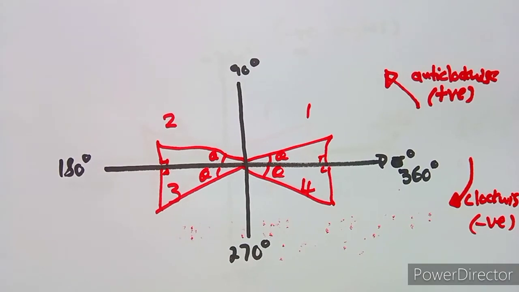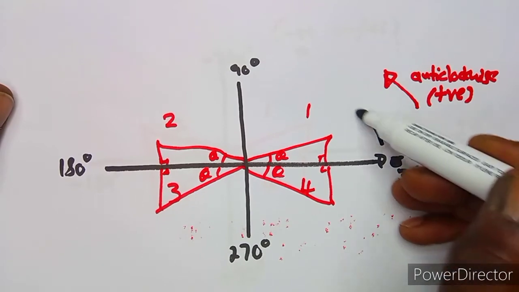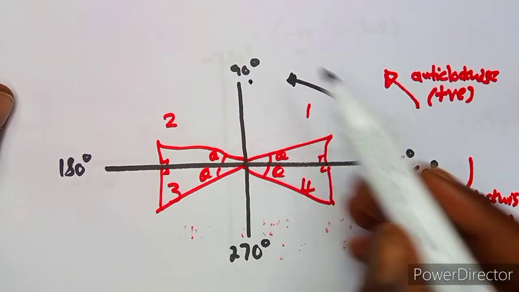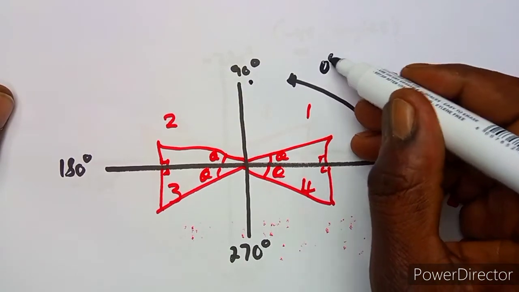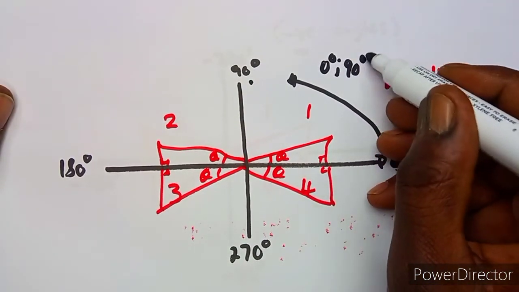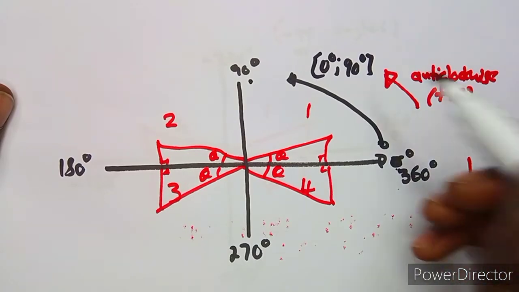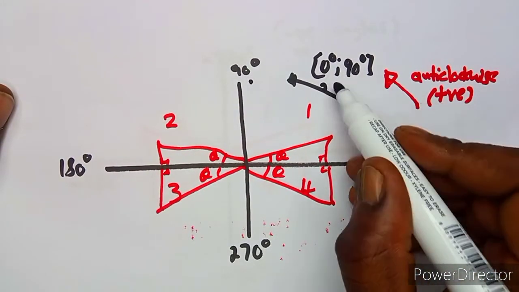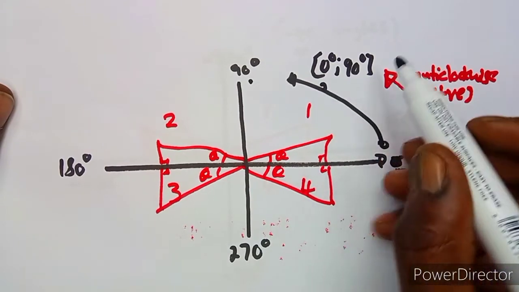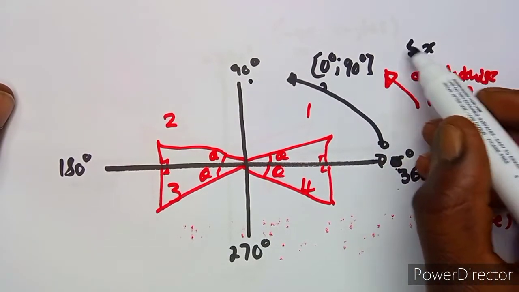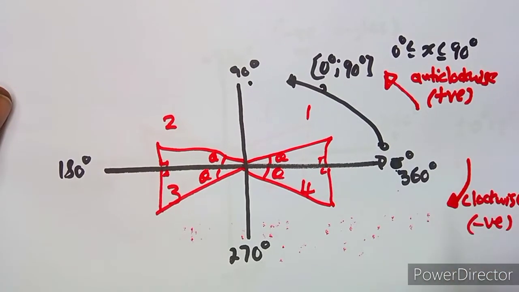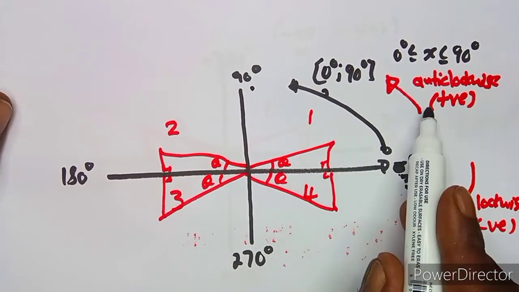And the other thing that is important is to know that in the first quadrant, you're talking about angles ranging from 0 to 90 degrees. So they can be written like this: 0 to 90 degrees, which are the values of x. Or x is greater than or equal to 0 and less than or equal to 90 degrees. That is in the first quadrant.